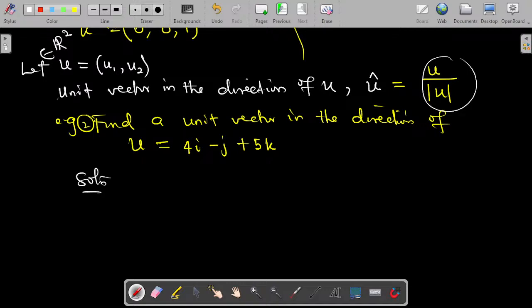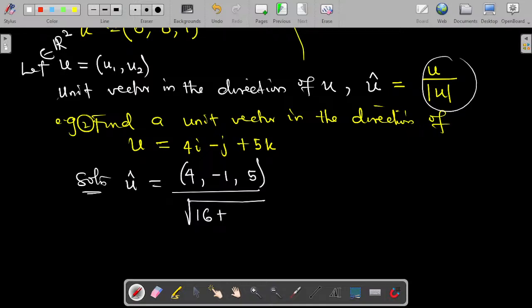For this case, u caret, which is the unit vector in the direction of this u, is going to be my u, which is good to put in bracket form, (4, -1, 5), all over the magnitude of u. The magnitude of u is the square root of 4 squared, which is 16, plus (-1) squared, which is 1, plus 5 squared, which is 25.